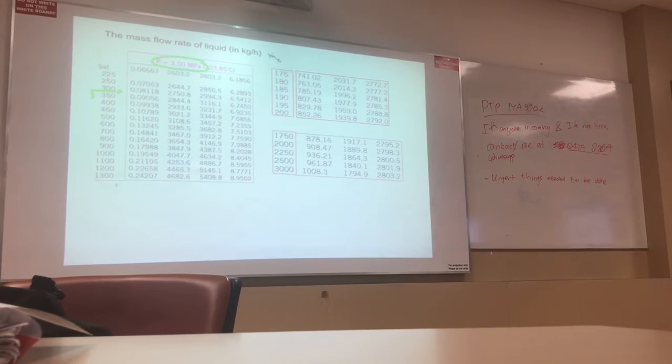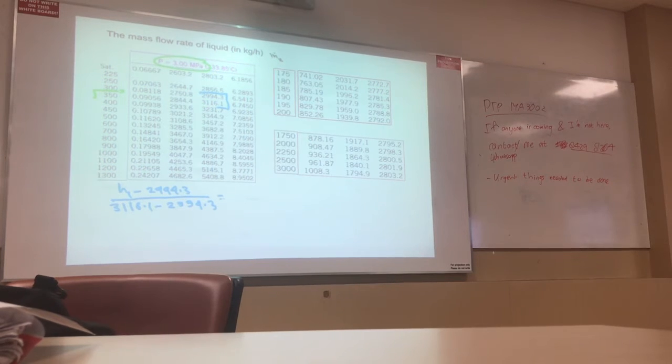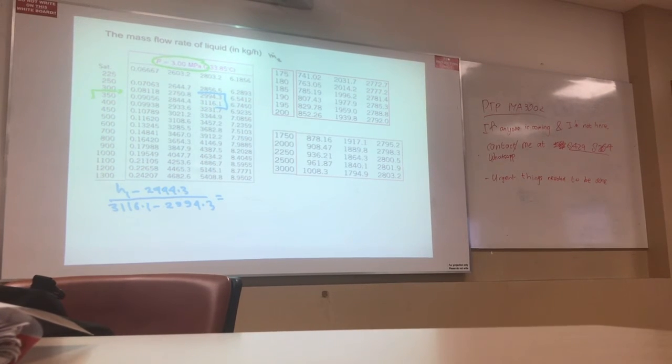That means h1 minus 2994.3, with 3116.1 minus 2994.3, is equivalent to 320 minus 300 over 350 minus 300.